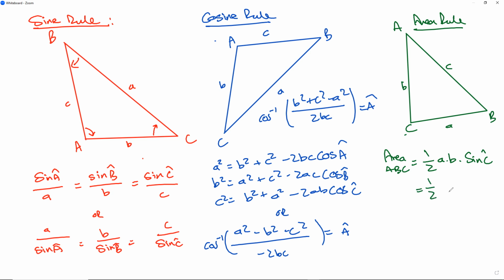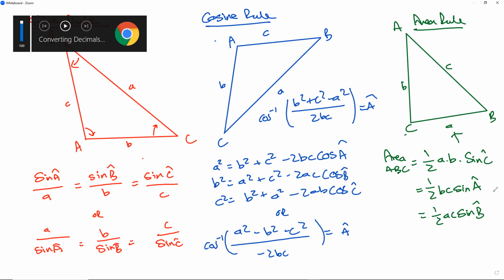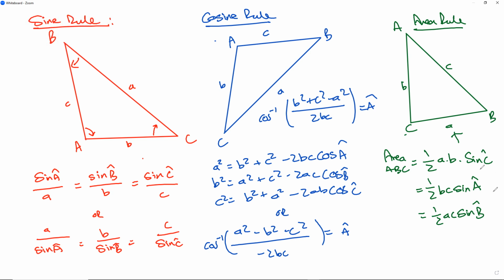Or it's equal to half B times C sine of the angle in between, which is A. Or that's going to be half A times C sine angle B. And that's that many ways of working it out. So there are 3 different ways of doing that in total.